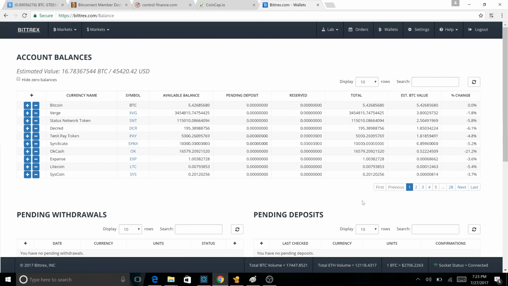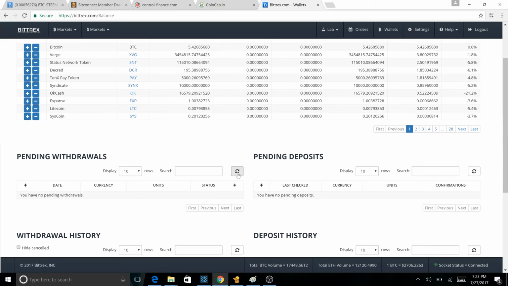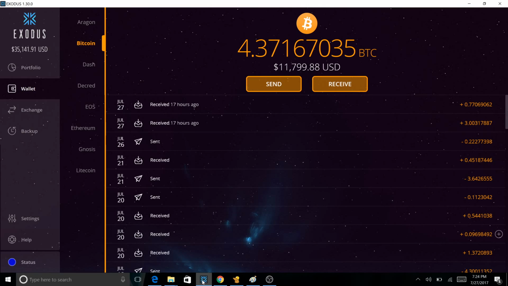Let's go and make sure everything's going okay with this withdrawal. You can hit refresh on the pending withdrawals, and it'll show you that you have one authorized. Bitcoin's not the fastest thing in the world. Sometimes it takes a little while for it to get where it's going.